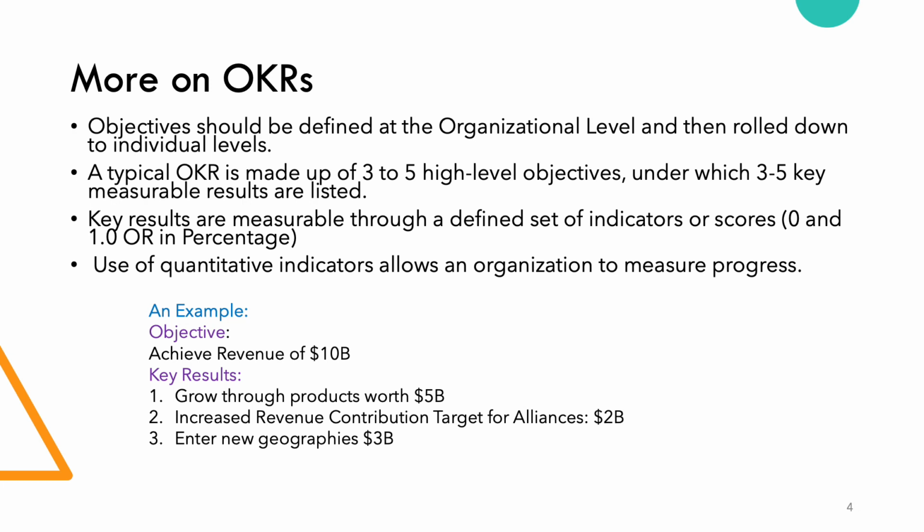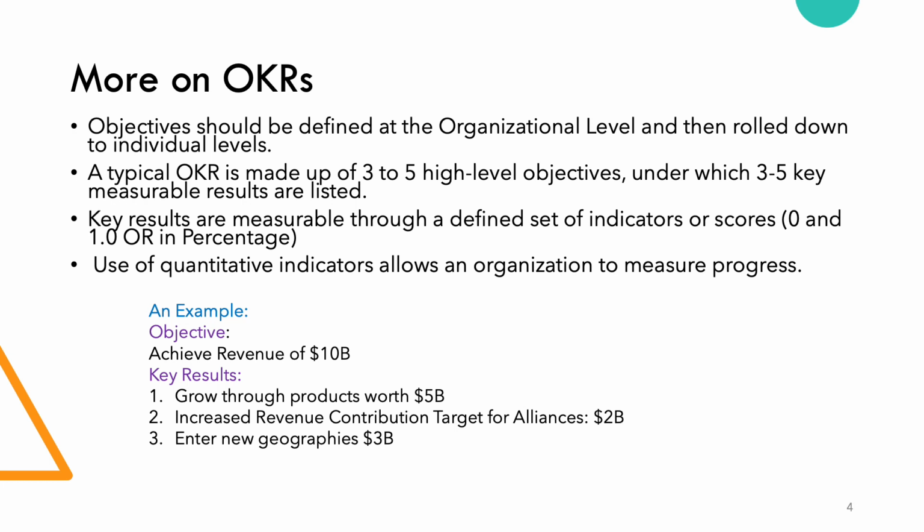Key results are measurable through a defined set of indicators. It could be from 0 to 1, it could be percentages, but there is a numeric or quantitative value or indicator attached to it so that progress can be measured.